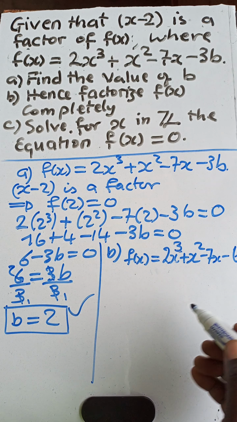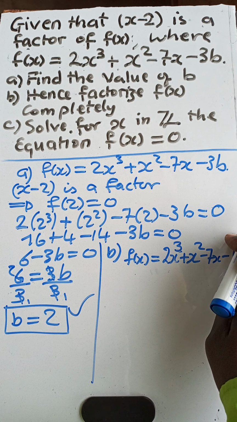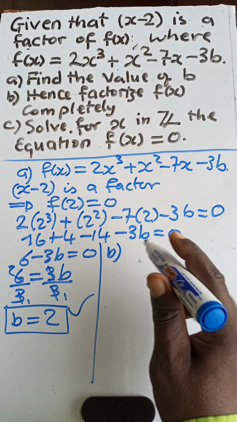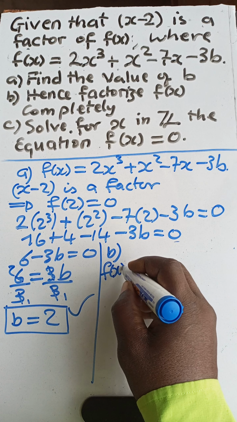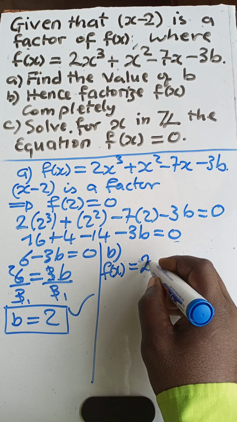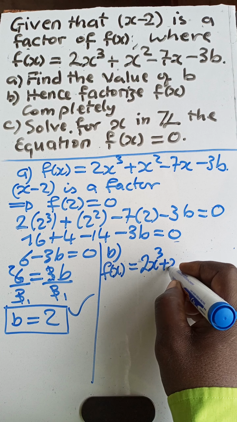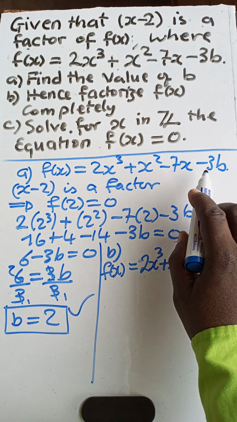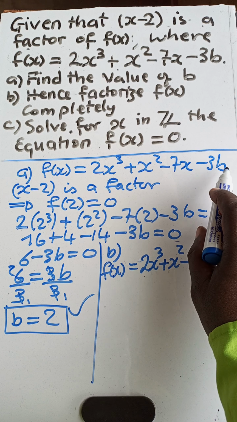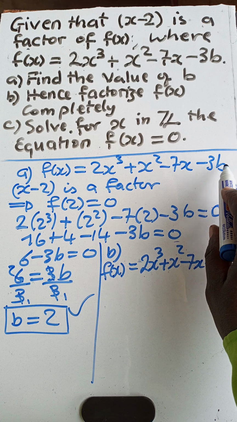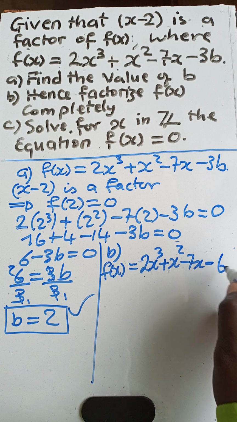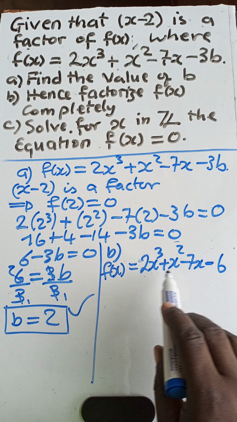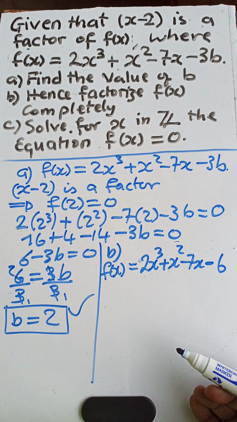So this is your f of x. Let's write it very well. f of x is 2x cubed plus x squared minus 7x minus 3b. b is 2, so 3 multiplied by b is 6, so minus 6. So that is the true expression for the polynomial f of x.